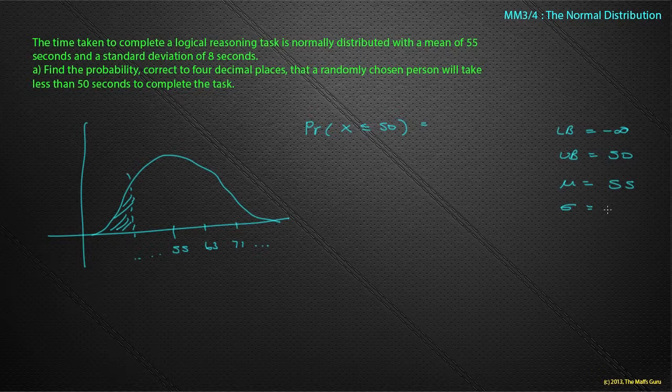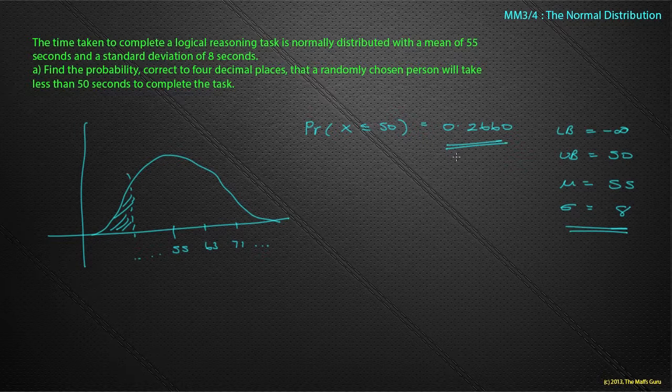And our standard deviation, because it's given, would be 8. And if you put that into the calculator, the probability comes out to be 0.2660. So the probability of a randomly chosen person taking less than 50 seconds is 0.2660, or 26.6% if we're going to do it that way.